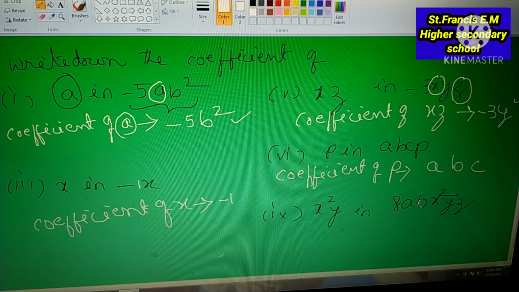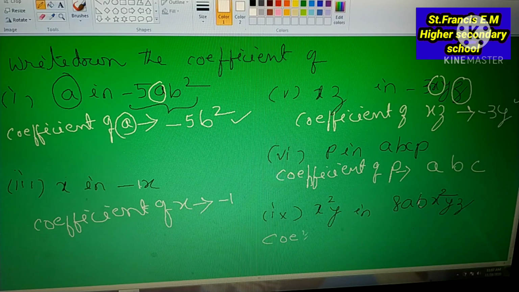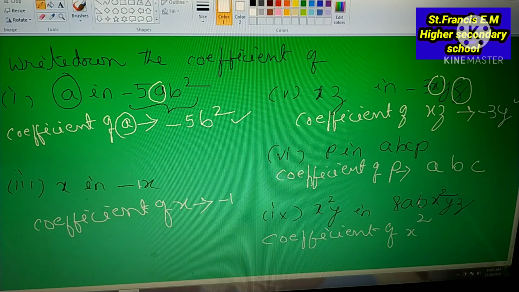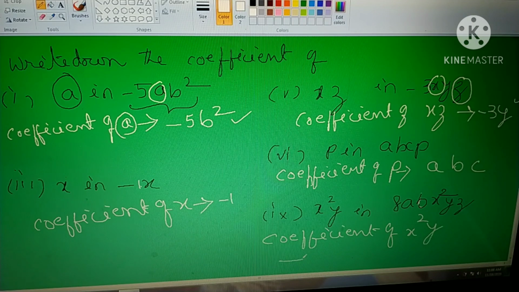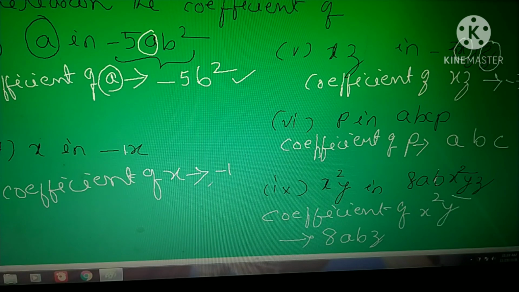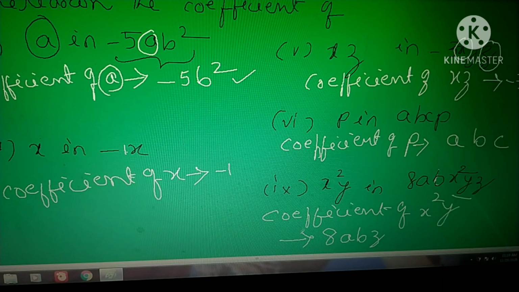Okay. Now see the coefficient of x square y in 8ab x square yz. So clearly understand these concepts. These are very, very important. You have to write the coefficient of x square y. So leave that x square y and write down the remaining factors here.